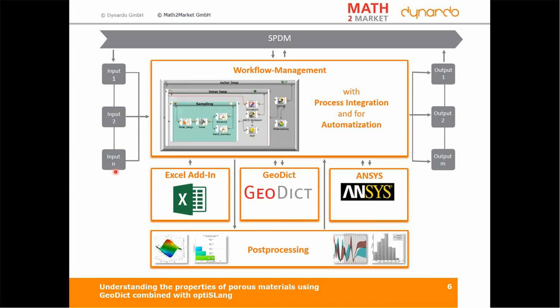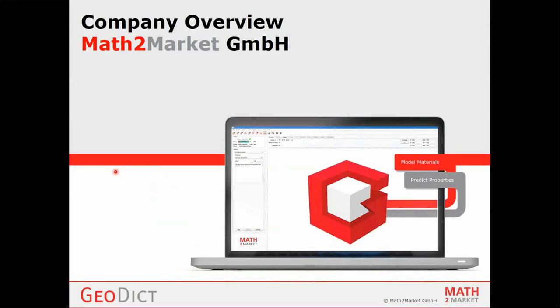That's the model which describes how the output behaves in the case that one specific input is changed. And how this is done in detail, I will show later on, after Aaron has shown how GeoDict is working and what the task for today is.